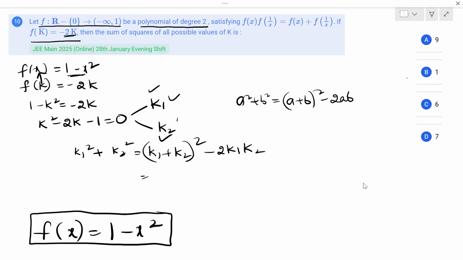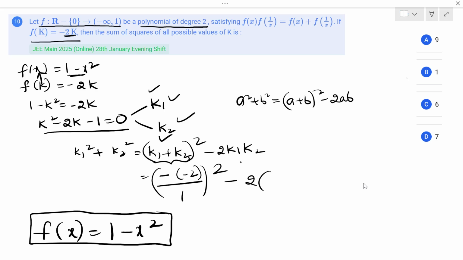If k1 and k2 are the roots of this quadratic equation, then k1 plus k2 is the sum of the roots. Sum of the roots is minus b by a. So b is minus 2 and the k square coefficient is 1. So minus b is minus of minus 2, divided by a, which is 1, whole square, minus 2 times k1 k2.